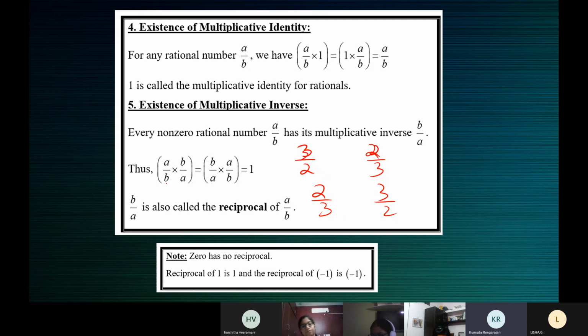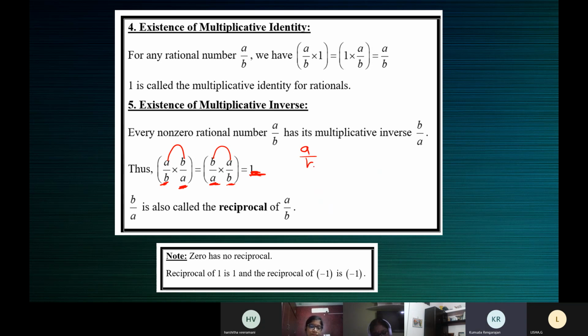So you can see it here. A by B into B by A is the same as B by A into A by B. In both the cases, the product is 1. That is, if the rational number is A by B, its reciprocal is B by A. If the rational number is B by A, its reciprocal is A by B. The product of a rational number and its reciprocal is 1.